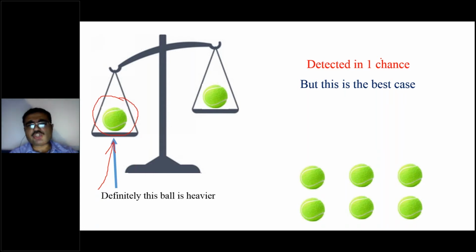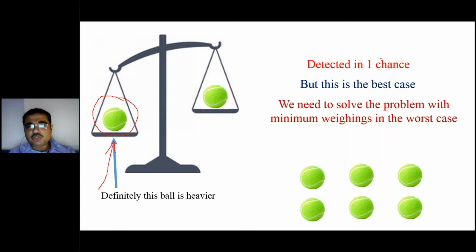In the first 2 balls that you selected and put into the weighing machine, you immediately detected that one of the balls is heavier. So in the best case, it can be detected in 1 chance. But we need to solve the problem with minimum weighings in the worst case.